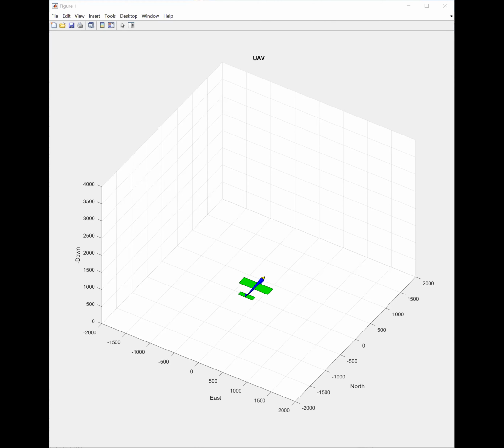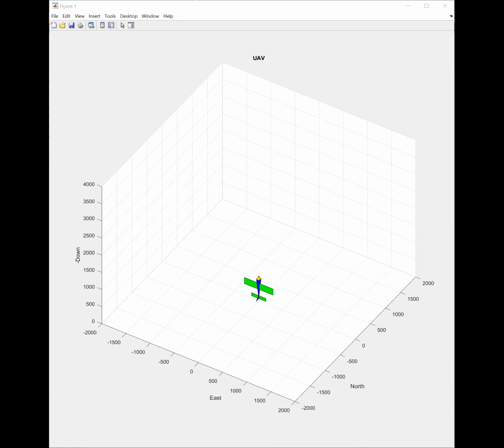Now this is a very important observation. Please observe this. Change pitch angle to 90 degrees. Once you change the pitch angle to 90 degrees, your aircraft should be going vertically up, so it will be aligned with the down vector. Everyone with me so far?